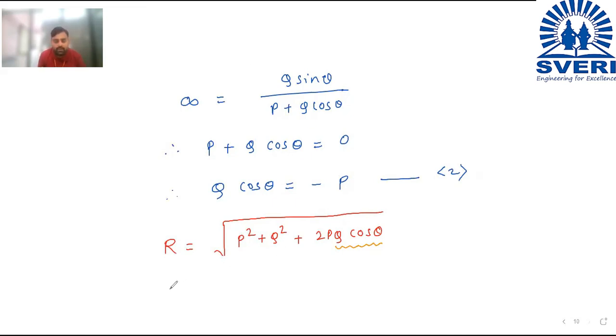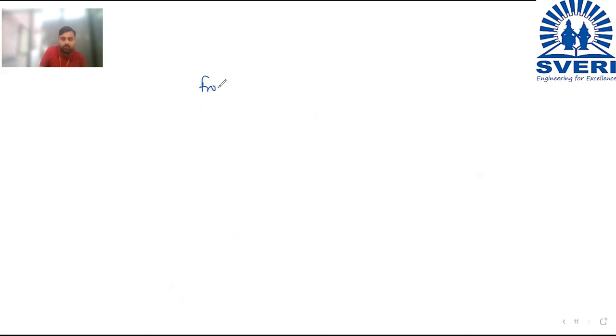Okay, so first I will square. So r square is equal to p square plus q square plus 2pq cos theta. Okay, so from equation 2 we can put r square is equal to p square plus q square plus 2p times q cos theta, which is minus p.